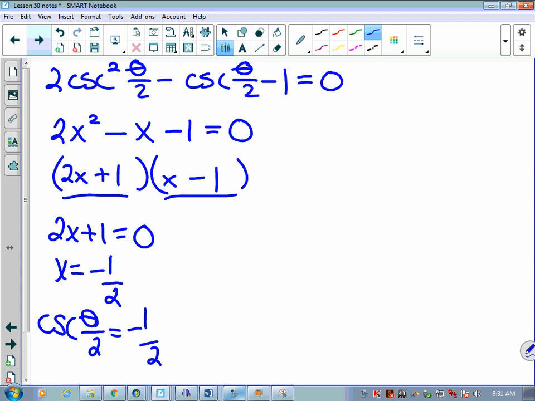Which would mean we'd need to come over here. Cosecant is reciprocal to sine, right? Okay, so let's see.